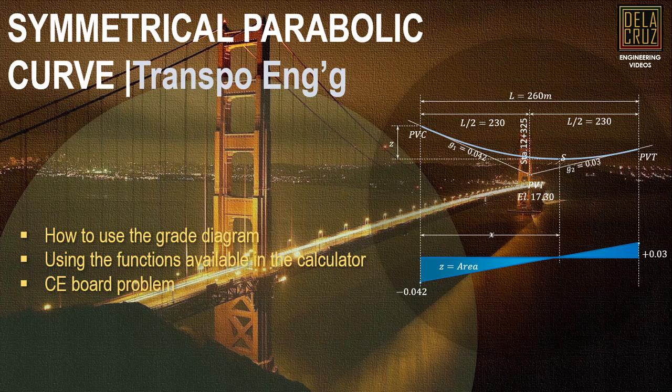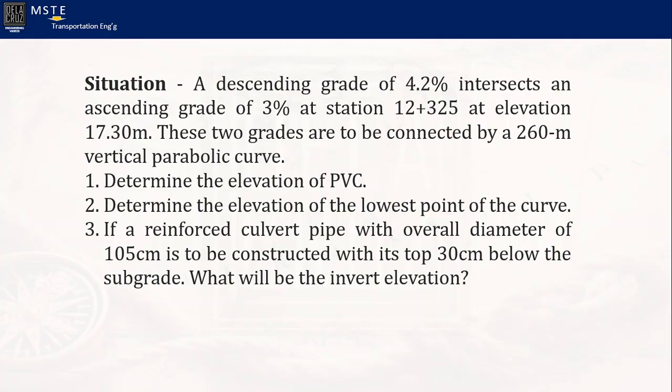So here we have the problem. A descending grade of 4.2% intersects an ascending grade of 3% at station 12 plus 325 meters at elevation of 17.3 meters. These two grades are to be connected by a 260 meters vertical parabolic curve.